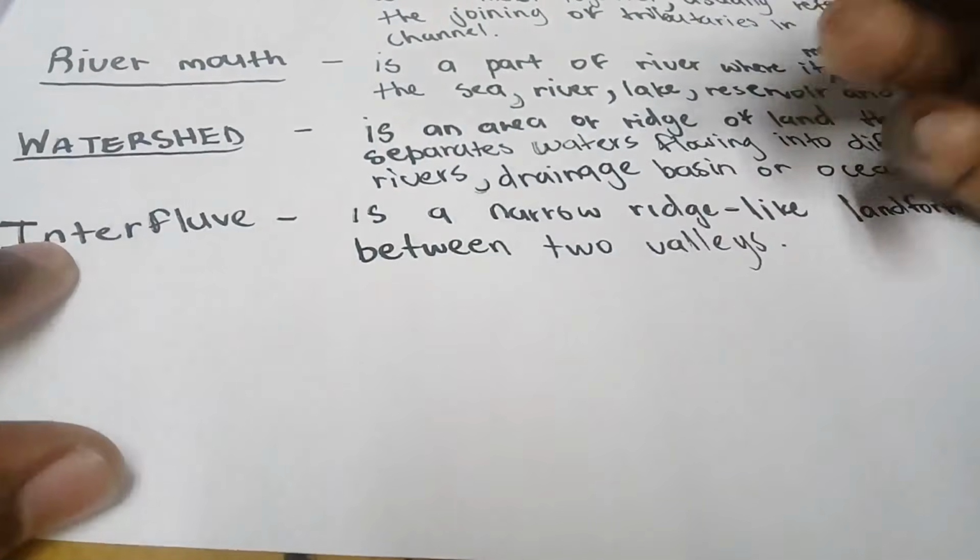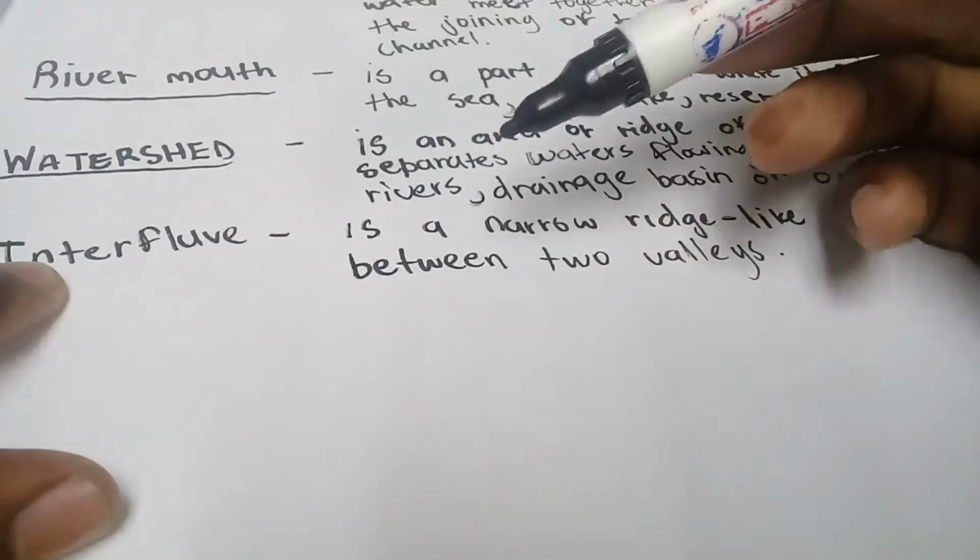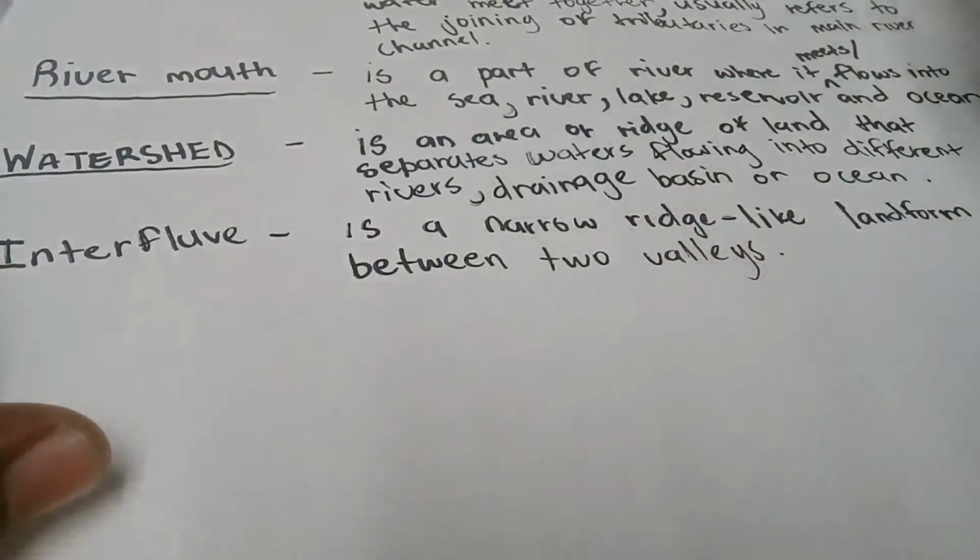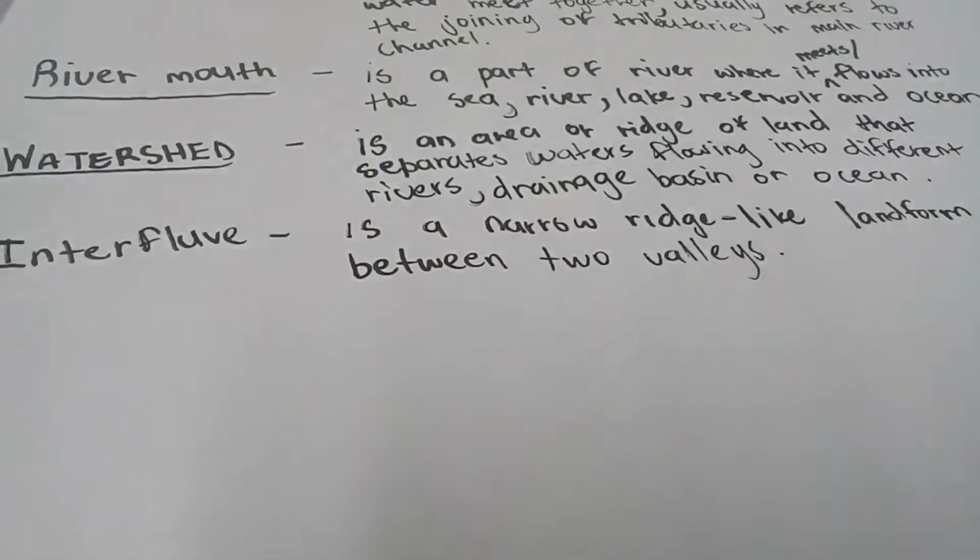As for a valley, it's a low-lying area from the upper slope. This is where tributaries flow in a valley, and therefore this interfluve is going to be between two valleys. That means between two tributaries, as I already explained.